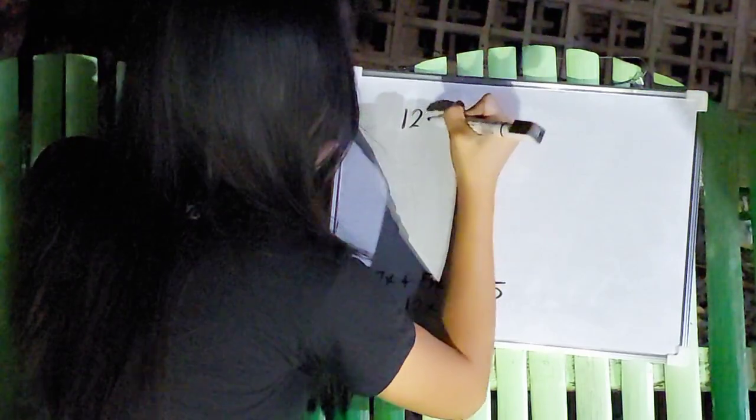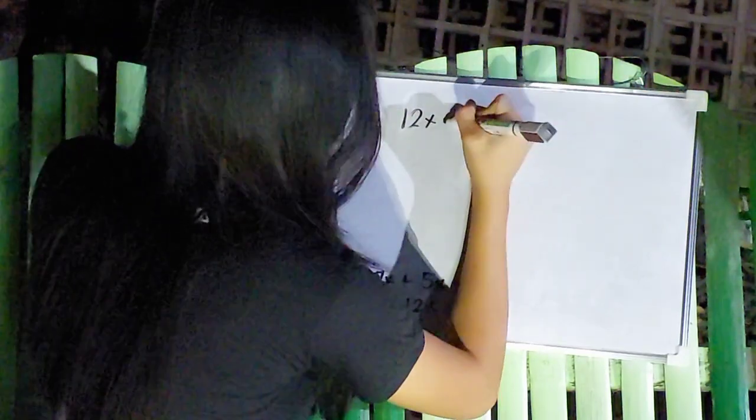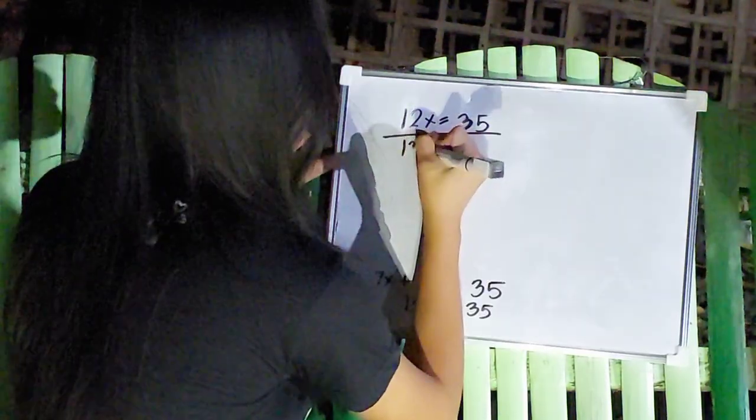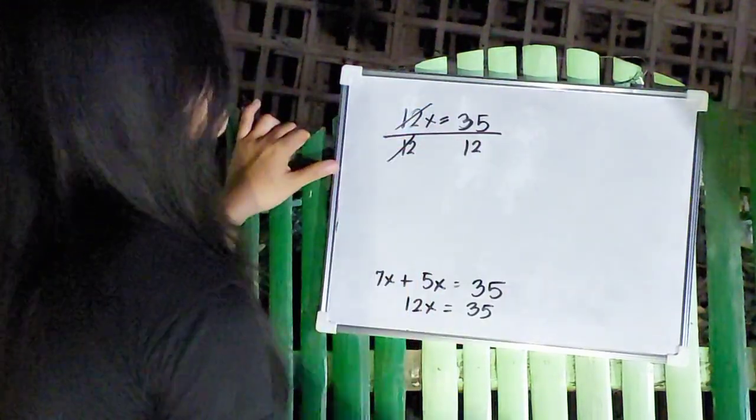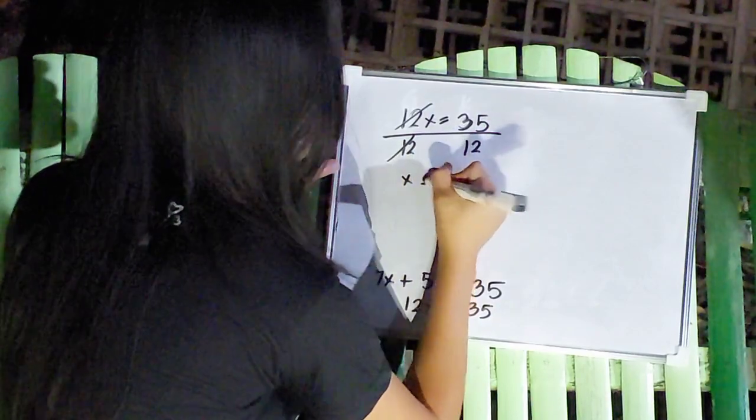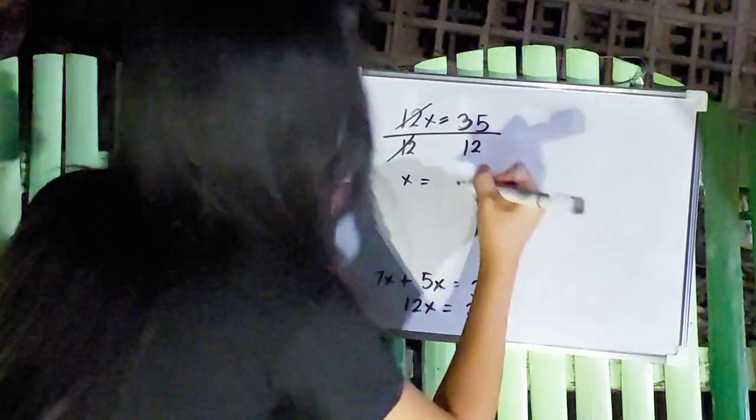Let us rewrite this here, 12x equals 35. Divide both sides by 12. 12 divided by 12 is equal to 1, so no need to put the 1. So x equals 35 divided by 12 is 2.92 hours.